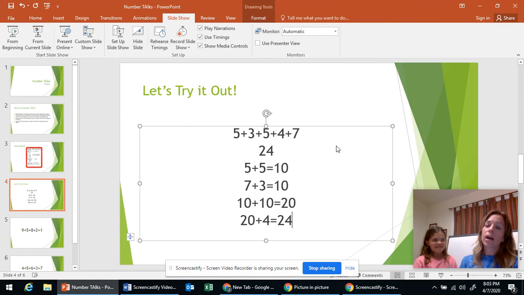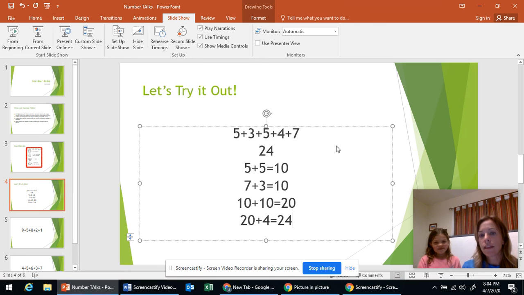So Isabel, why did you choose to solve it this way? Because I thought it was an easier way to just do mental math. Okay, what do you mean by that? What makes doing it the way you did it easy? Because if you choose the number line, you don't have to do it in your brain. So I just added numbers and got my answer. Okay. Can I ask you one more question?